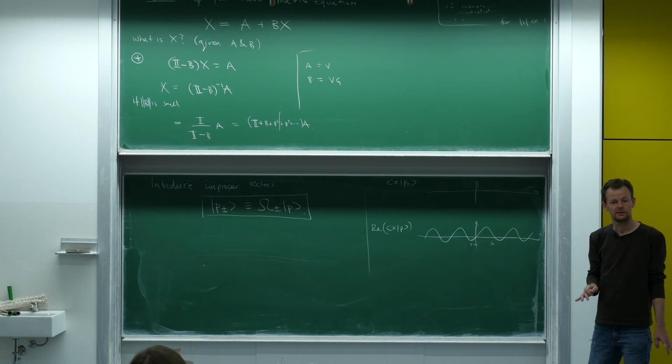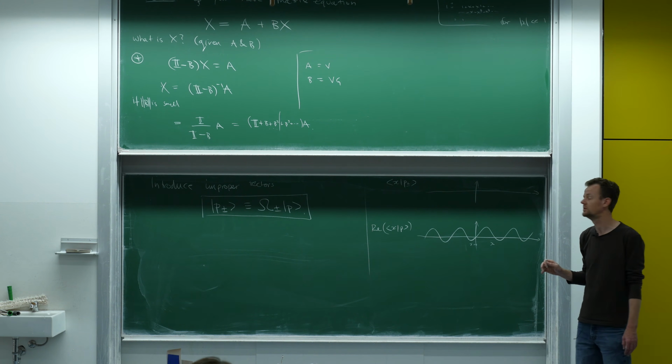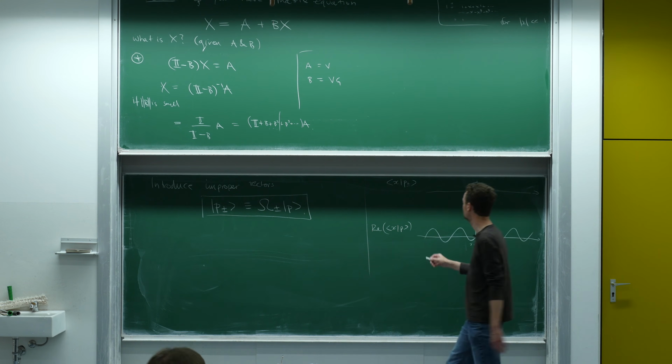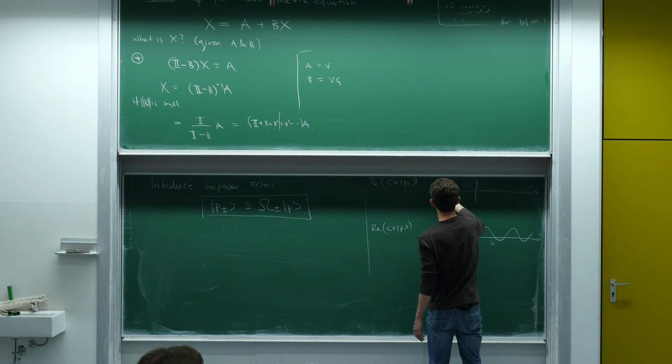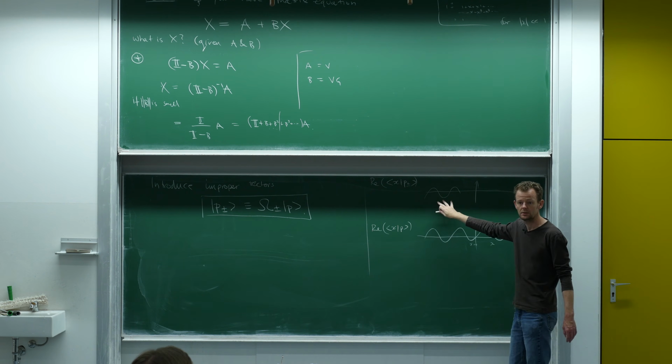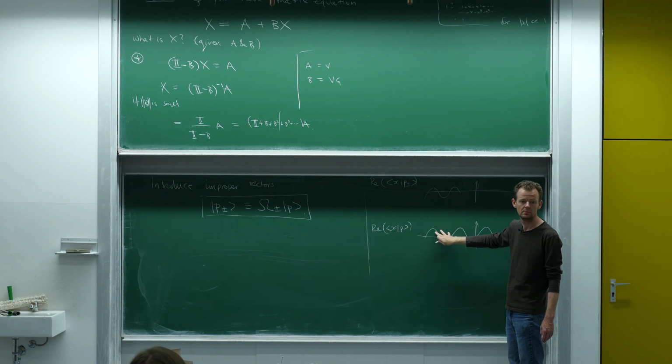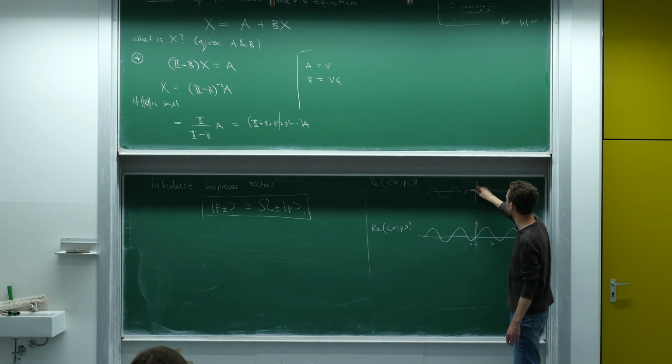Well, I'll give you a schematic, right? This is by far not the most correct picture you're ever going to see. But just to give you a feeling, far away, it's going to look like a momentum improper eigenstate. Somewhere in the middle here, it does something weird.